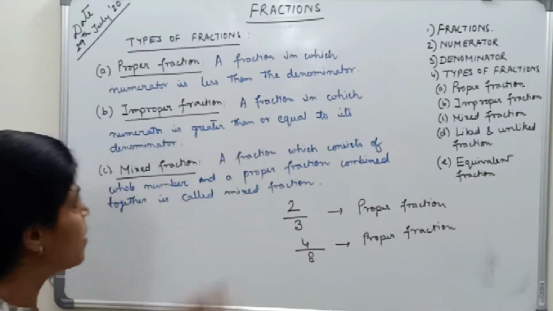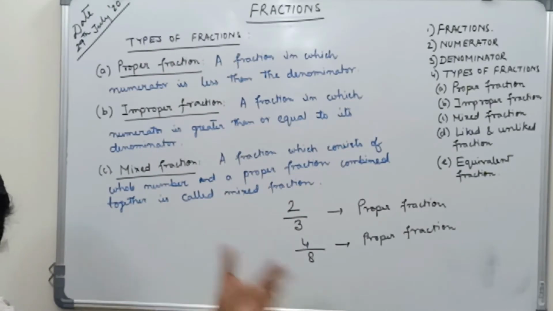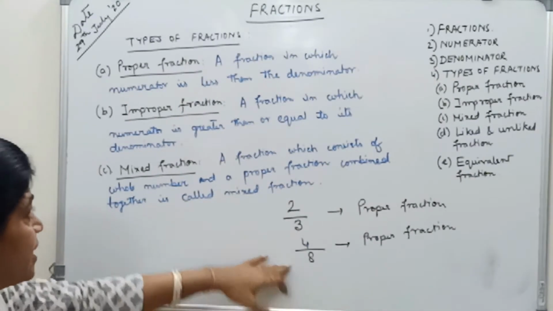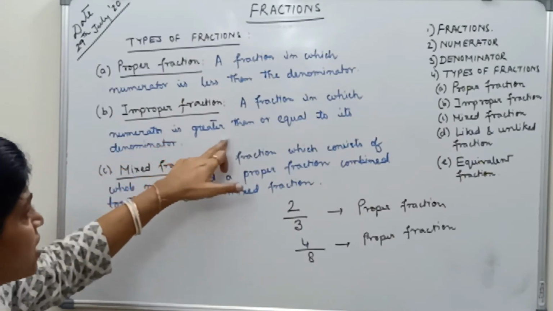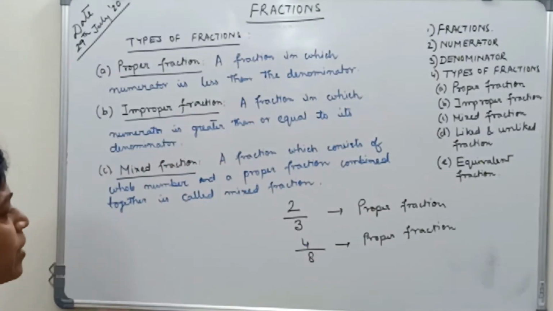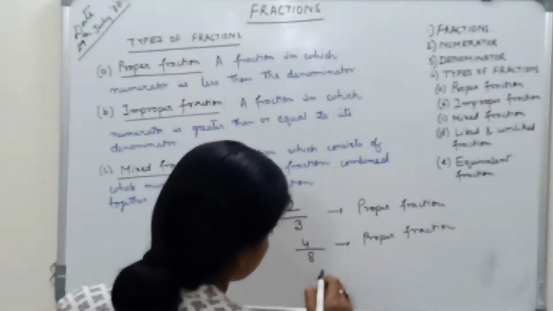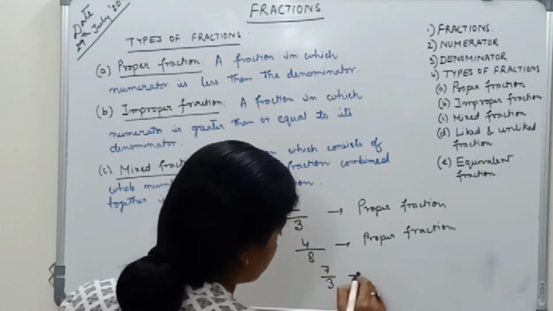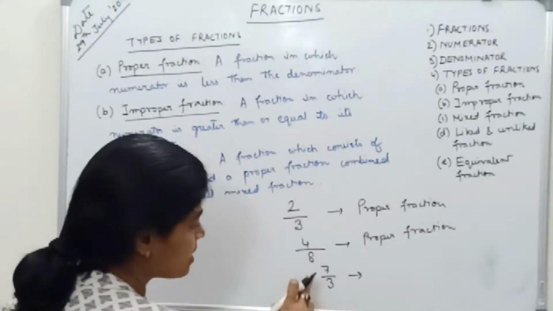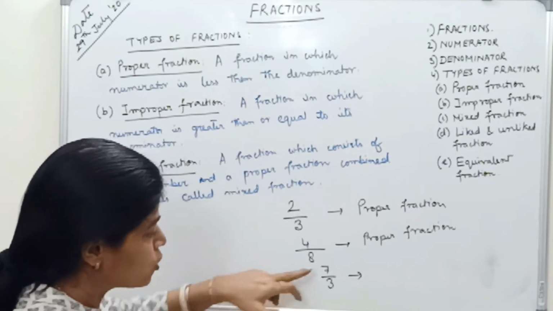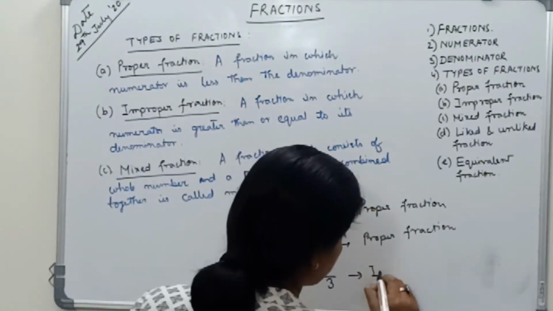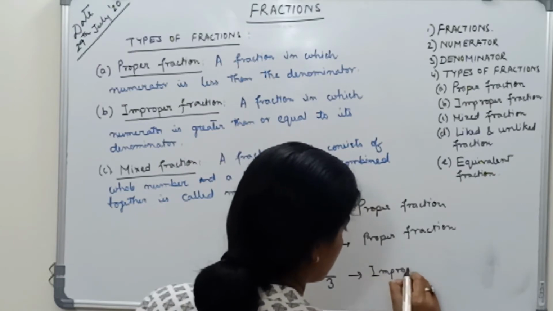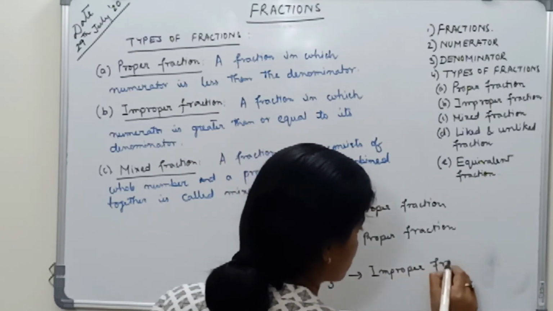But if the numerator is greater than or equal to the denominator, then it is called an improper fraction. A fraction in which the numerator is greater than or equal to its denominator. Suppose I write a number 7/3. 7 is greater than 3. So the numerator is greater than the denominator. So this is an improper fraction.